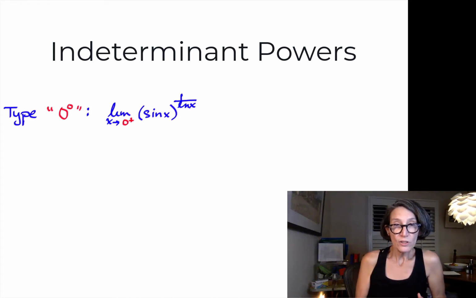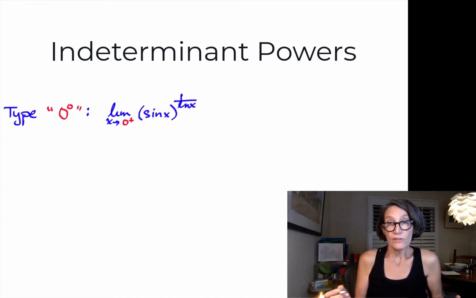And you can imagine that there is no number 0 to the 0. If the base were not 0, if you take any non-zero number and raise it to the 0, you always get 1, right? But 0 raised to any exponent is always 0. So 0 to the 0 is just undefined. It's not a real number. And so a limit of this type is an indeterminate form.